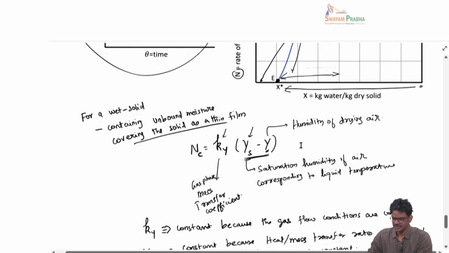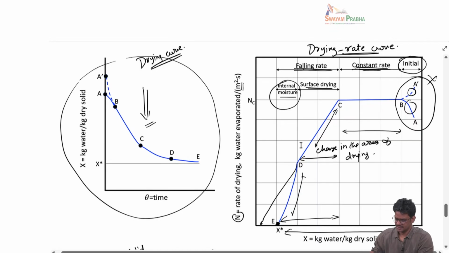You can see this in this figure, the critical moisture content is somewhere here. The one where the switch between constant and falling rate happens is called the critical moisture content, corresponding to this point.